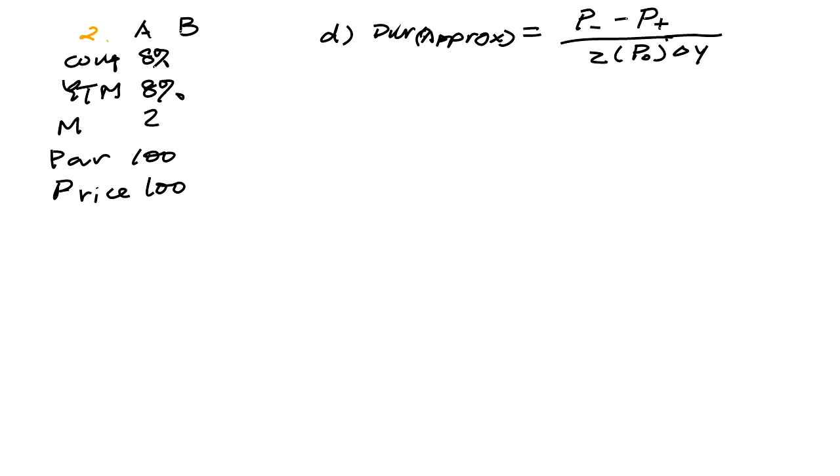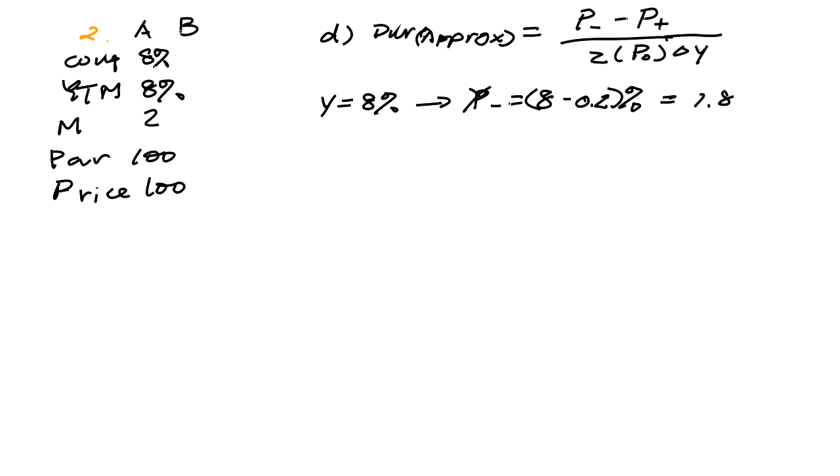So that duration is computed by changing the yields by 20 basis points. Instead of having the yield equal to 8%, now we have y minus equal to 8 minus 0.2 percentage, which is 7.8.